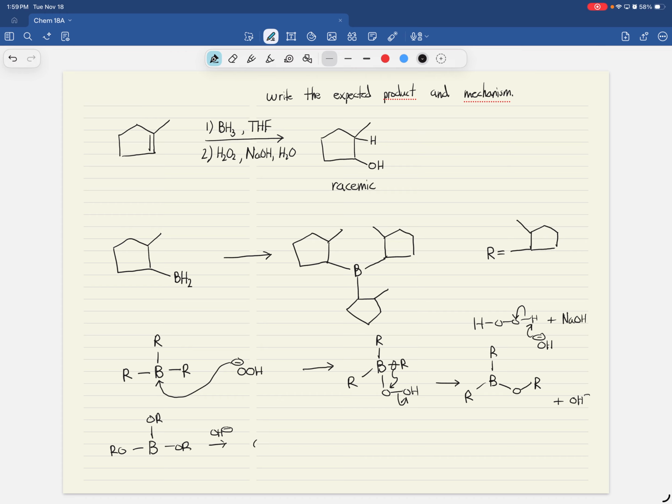Okay, so you get OR minus plus B(OR)2OH, RO. Okay, and you repeat that again and again, and you eventually get all the alcohol. So you do this 2 more times. O minus, and then H2O. You'll get 3 equivalents of the alcohol.